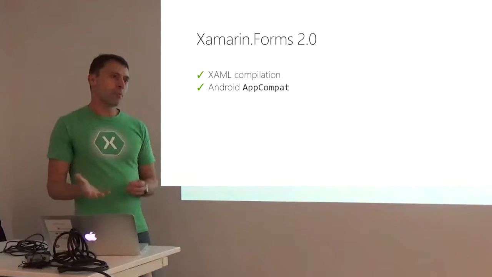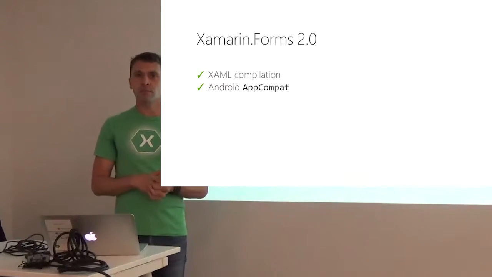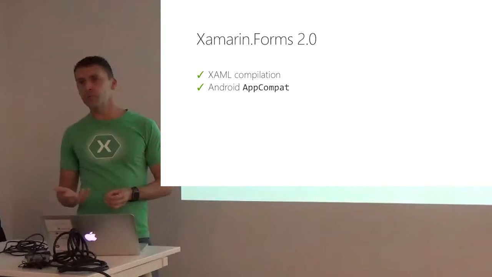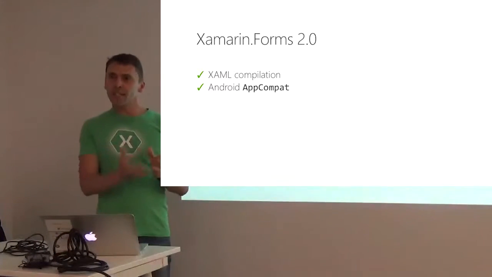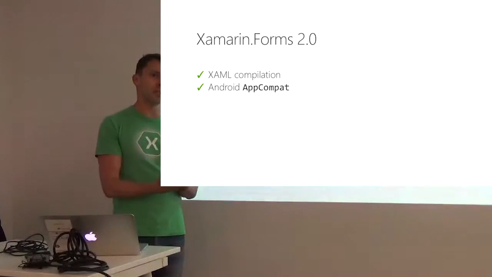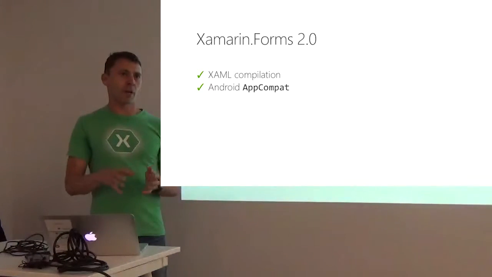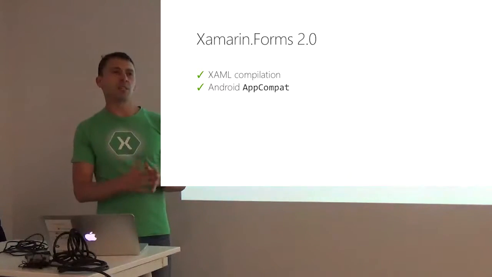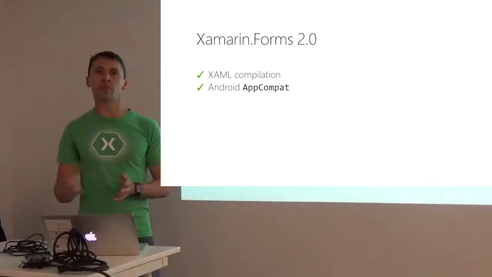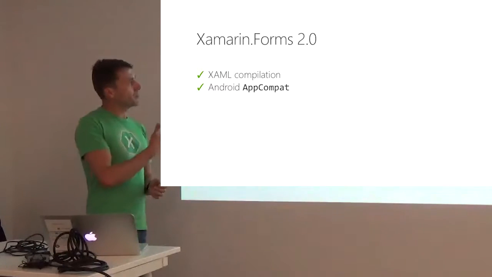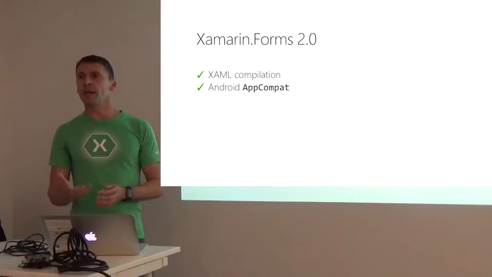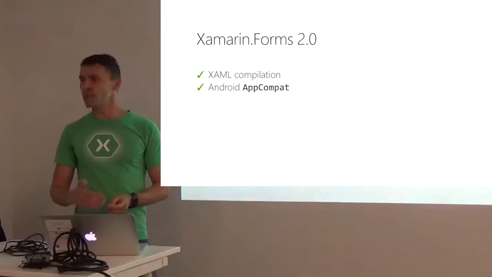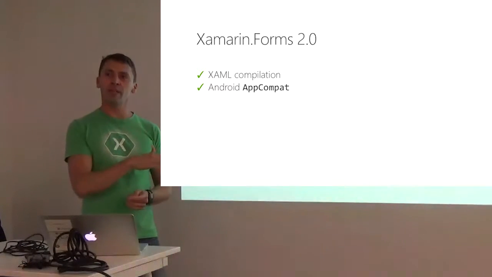We also offered a new Android backend. The old templates that you've been using with Xamarin.Forms up until now use an Android activity as their foundation, which doesn't support fragments, can't easily support material design, and really doesn't have a lot of forward compatibility built in. So what we've added is a new Android backend, and there's instructions on the website to convert over, and templates from now on are going to include this new backend for Android.